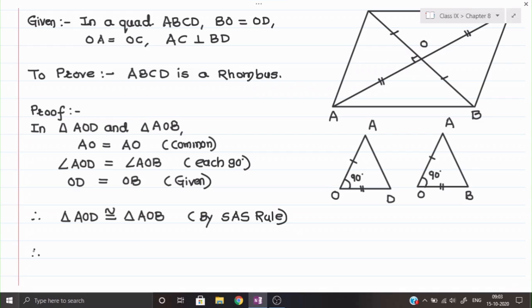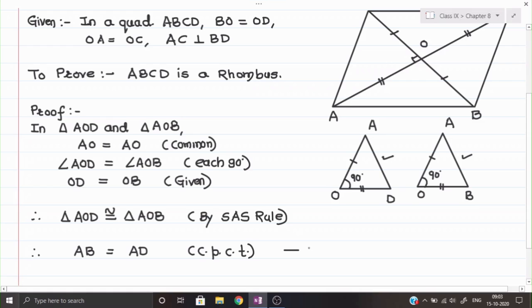Already AO, OB and OD are equal, but we have one third pair remaining, that is AD and AB. So we can say that AB is equal to AD. These two sides are equal with the help of CPC. And this we can give as equation number 1.